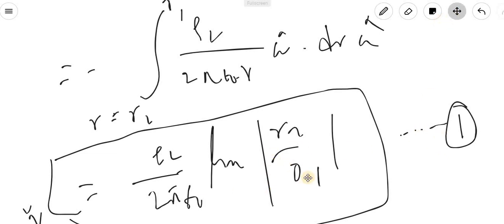This equation is what? Due to positive rho L, the electric field intensity, if we move from one point to another point, whatever work is done, that is representing this potential.